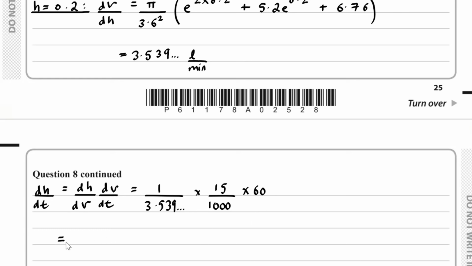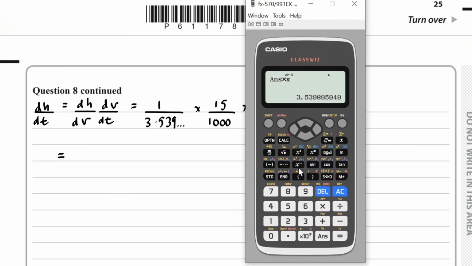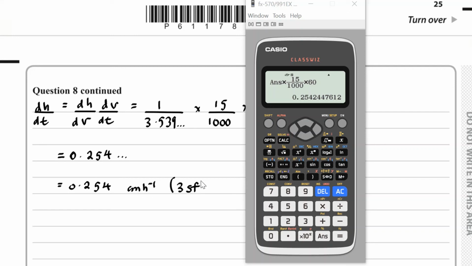So if we work this out, we have 1 over this multiplied by 15 over 1000 multiplied by 60, which is 0.254, etc. So we have 0.254 centimetres per hour to 3 significant figures.